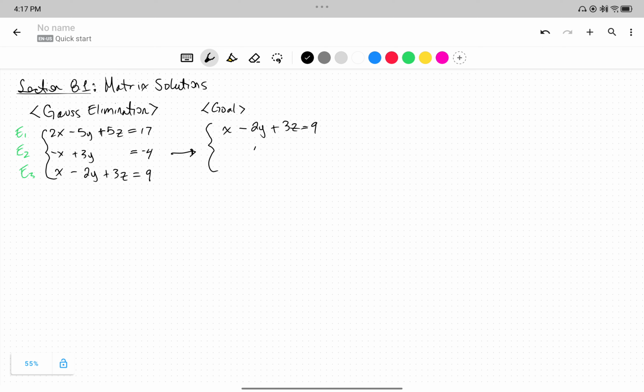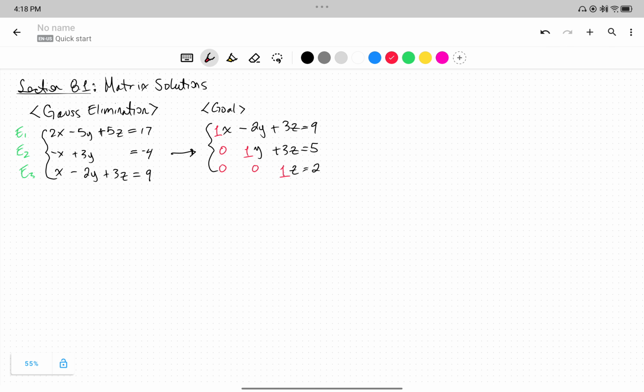Then y plus 3z, and z equals 2. The ones and the zeros that I'm referring to are the coefficients. So that was the 1, and then zeros below it. This one was a 1, 0 below it, and this one was a 1.